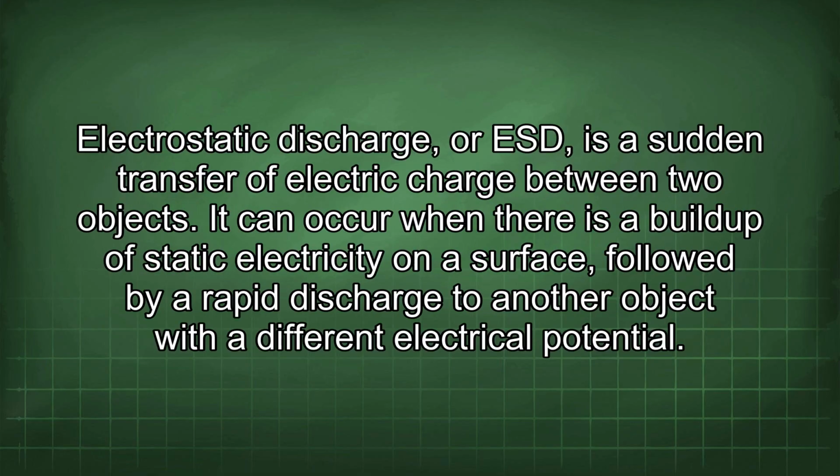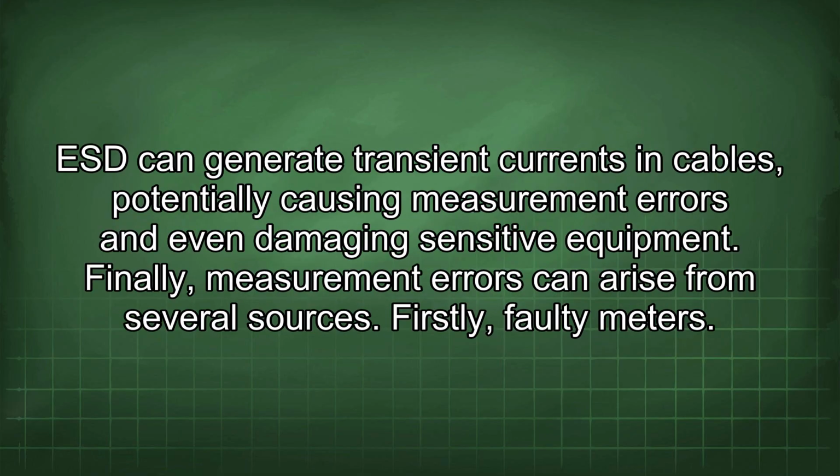Electrostatic discharge, or ESD, is a sudden transfer of electric charge between two objects. It can occur when there is a buildup of static electricity on the surface, followed by a rapid discharge to another object with a different electrical potential. ESD can generate transient currents in cables, potentially causing measurement errors and even damaging sensitive equipment.